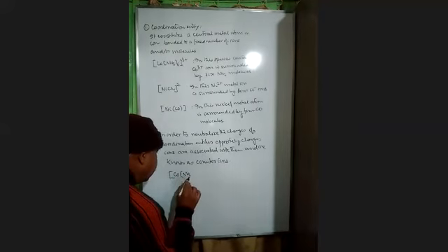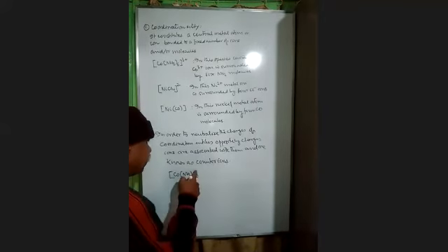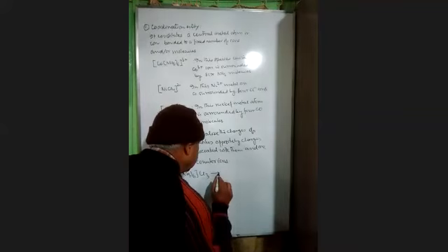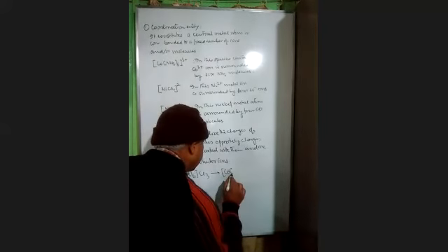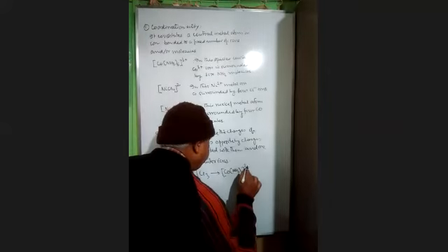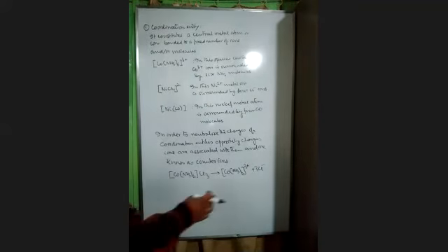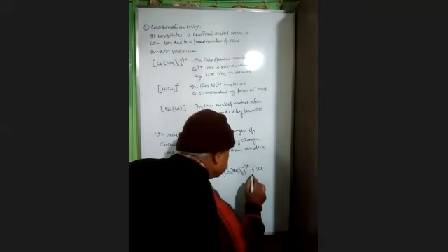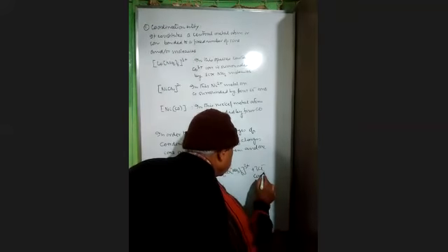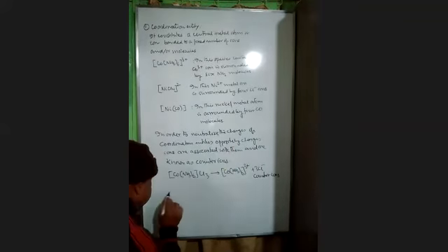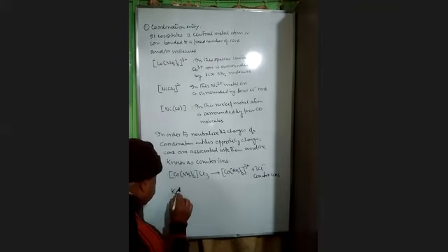Cobalt 6, 3 plus, you will find here Cl3. So here you will have the coordination entity, and we have here 3 chloride ions. These are counter ions. My question is that my students should know everything.